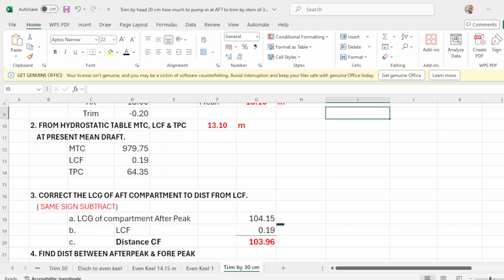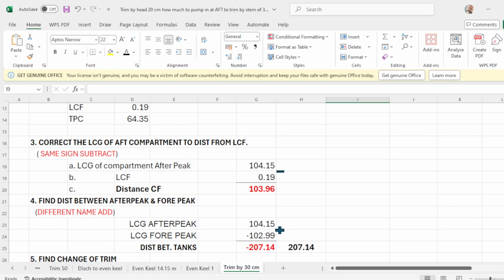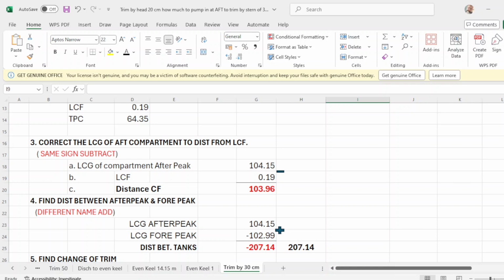Then we go to number 4. Find the distance between after peak and fore peak. Since we are only concerned with your after peak, the LCG of the after peak is 104.5, from your after peak.